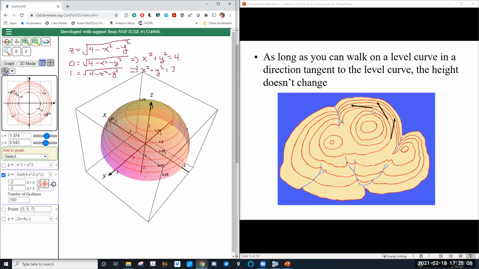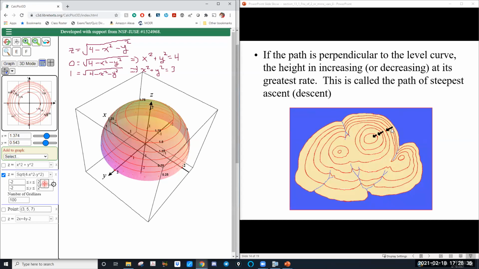When I'm saying the height doesn't change, I'm saying the output doesn't change. That means we have a rate of change of 0. So we want to connect this idea of rate of change being 0 to the tangent line, or moving tangent to the level curve, because eventually we're going to start talking about derivatives, which we use to find tangent lines. So as long as we're going in a direction that is tangent to the level curve, our height doesn't change.